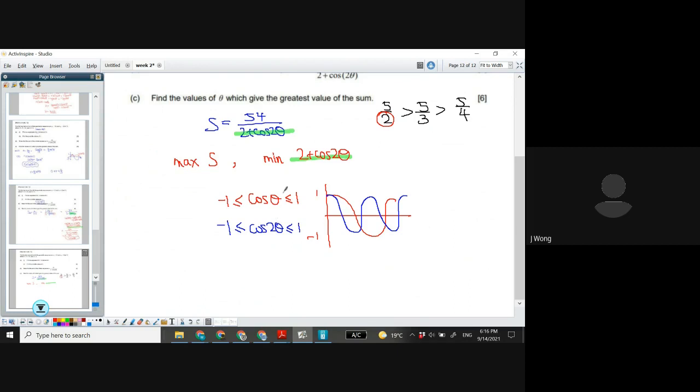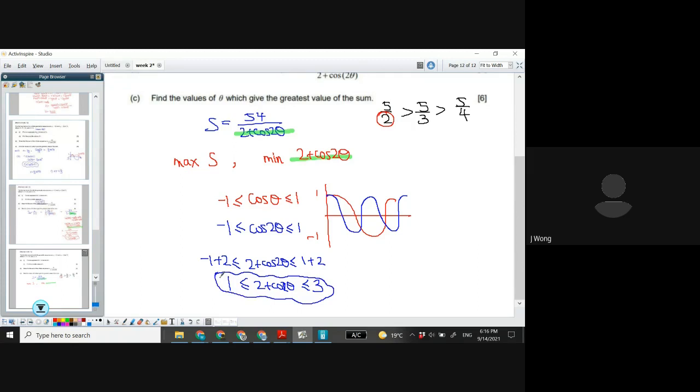And then if you just add 2 to this, that means if I just look at this inequality, I'm just adding 2 to my endpoints. All right, and therefore you have the range of 2 plus cos 2 theta will be between 1 and 3.